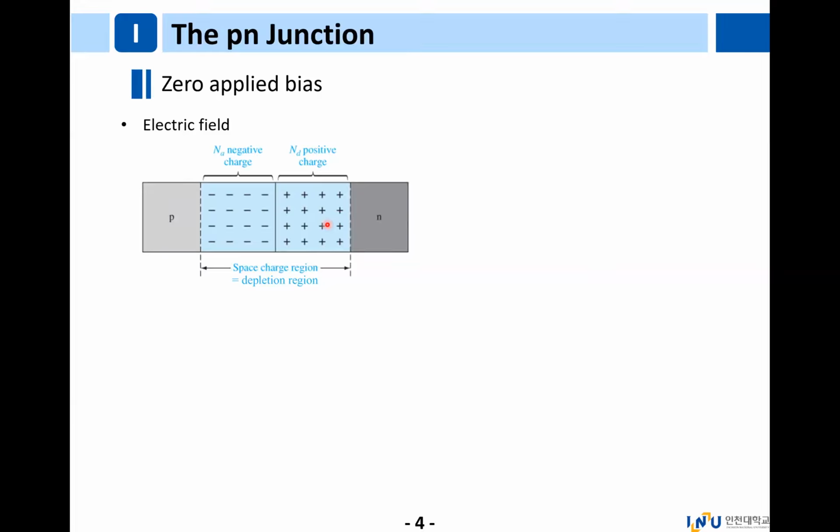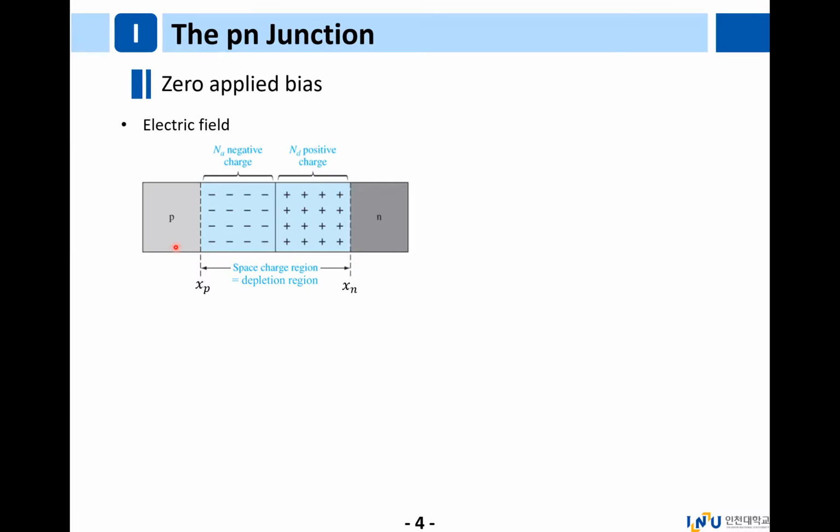Then we define the width of the depletion region as xn for the n-type and xp for the p-type side with respect to the central junction.